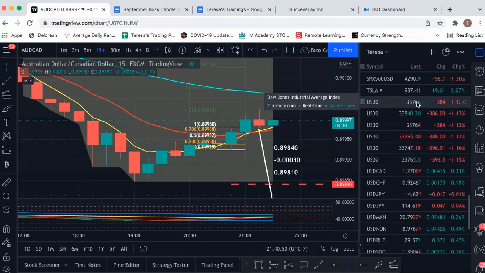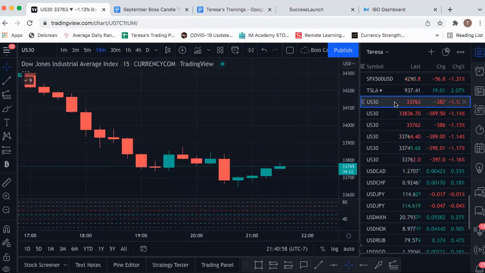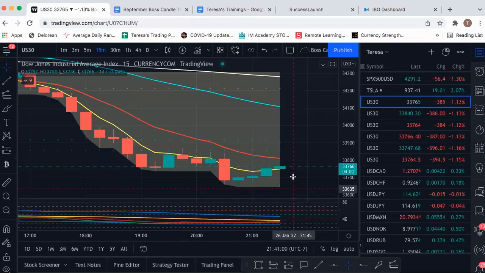So if I was marking up on currency.com and I marked up a stop loss for you at say 33,700 and you were trading on Global Prime, your price is different by 80 points. So if you put in 33,700, your stop loss is going to get hit.